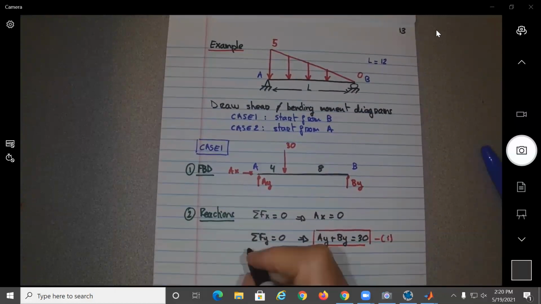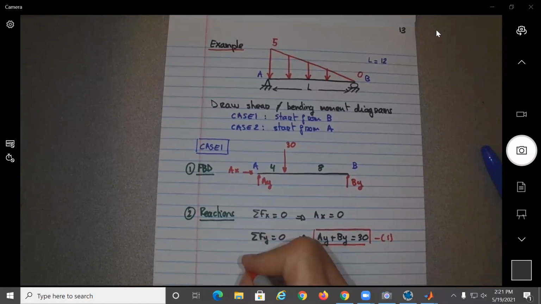And next we need to go to the moment equation. So every time you do a moment equation, what you need to do? Say about which point. So about which point you want to take it, we can do whatever you want. A, so point A.